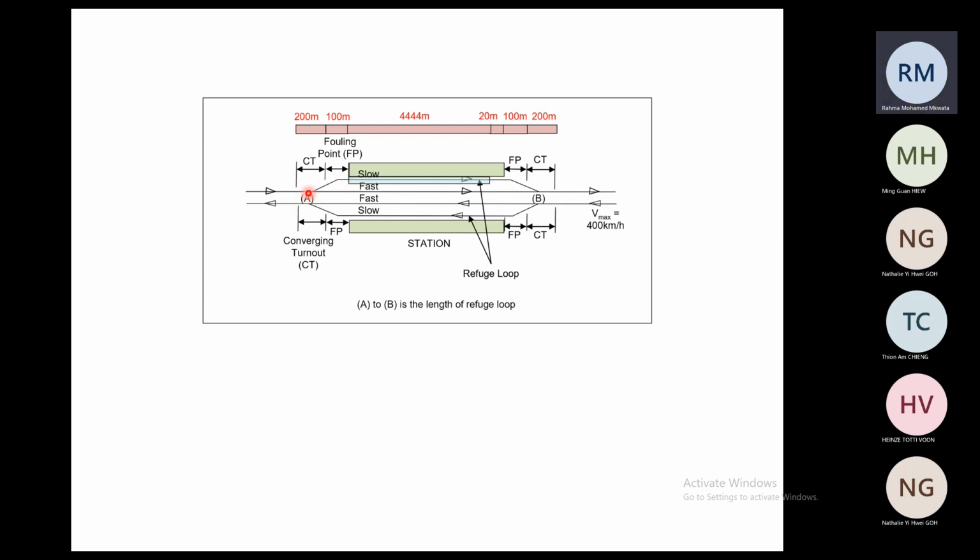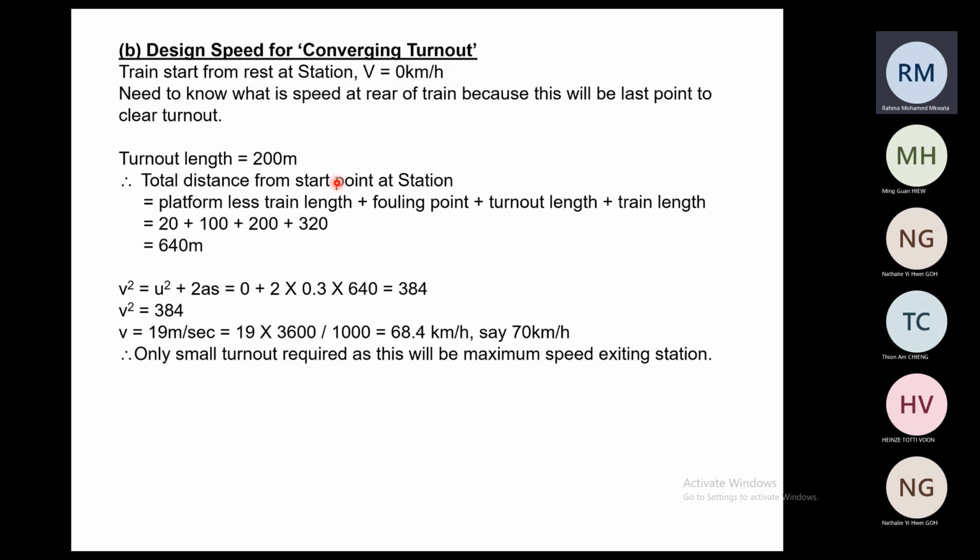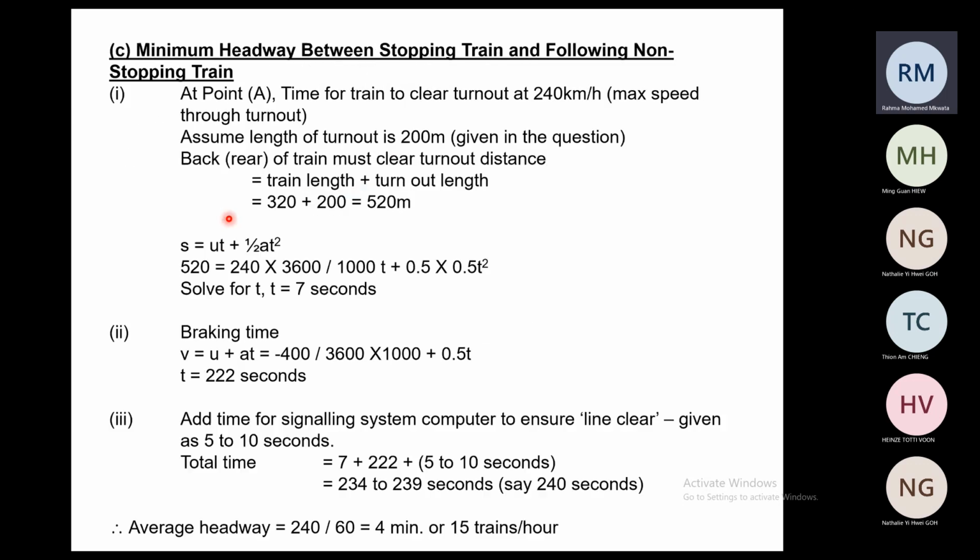So we want the whole train to clear out from this main line. So it will be this 200 plus the total distance of the train. So the distance traveled is the total train length. All of it has to clear plus the turnout length, okay? So it will be 520. 320 plus 200.